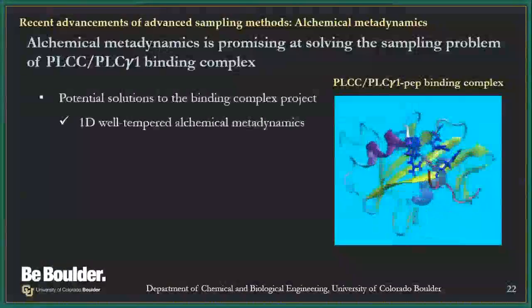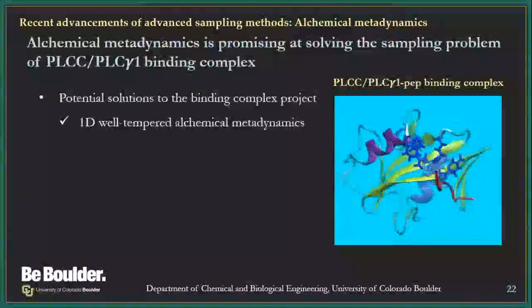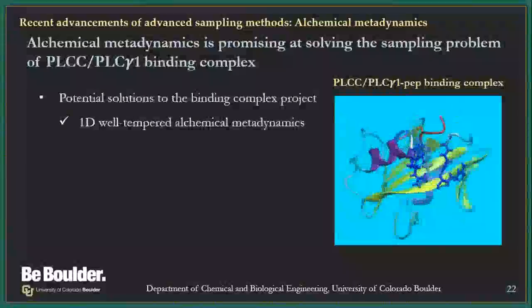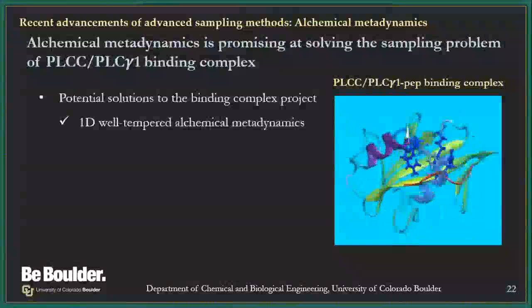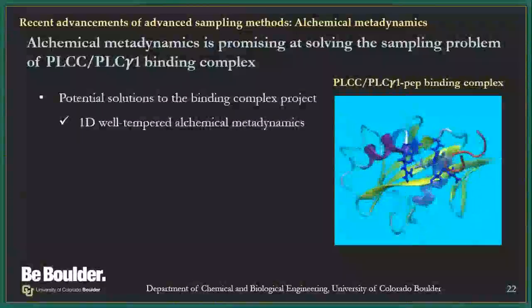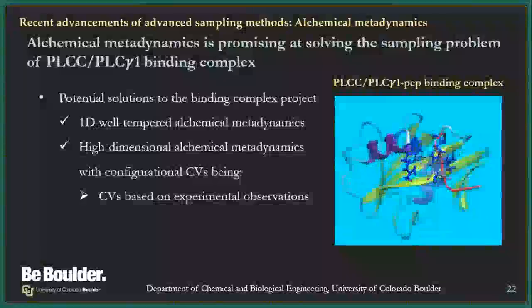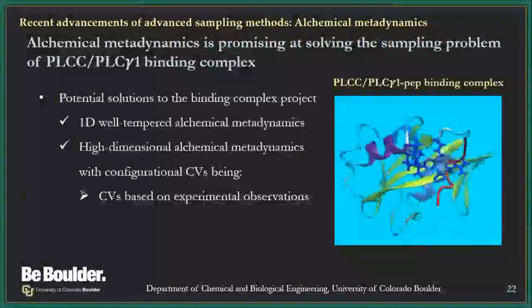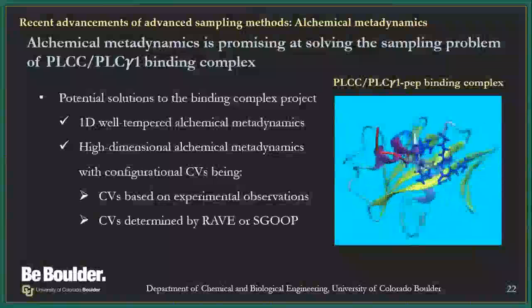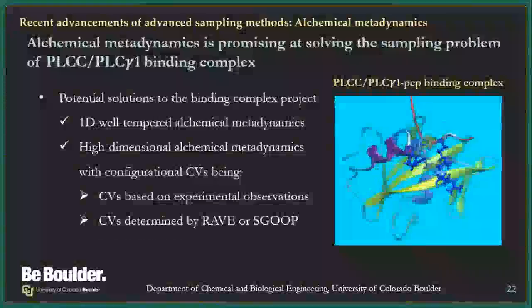So specifically, for a challenging problem, we could first try to use 1D alchemical metadynamics to see if that solves the problem. If not, then we could adopt higher dimensional alchemical metadynamics, in which the configurational CVs could be either based on intuitions or experimental observations, or determined by machine learning based methods such as RAVE or SCOOP, which is actually another algorithm that I didn't mention in the presentation.